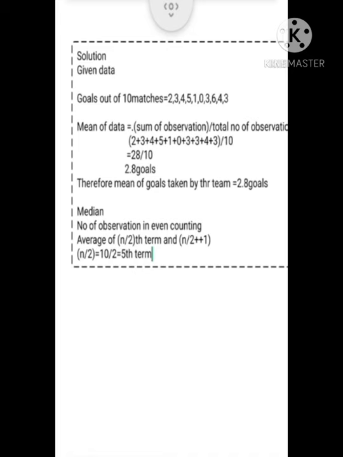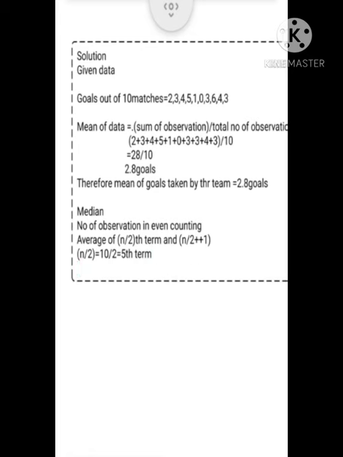And next is n by 2 plus 1. N by 2 plus 1 is 5 plus 1, which is equal to the 6th term. So we need to take the average of the 5th and 6th terms.